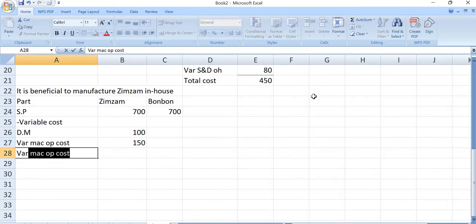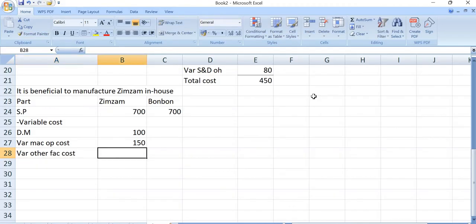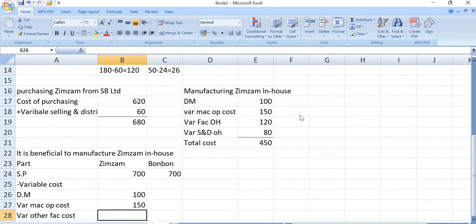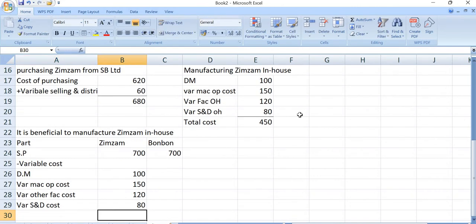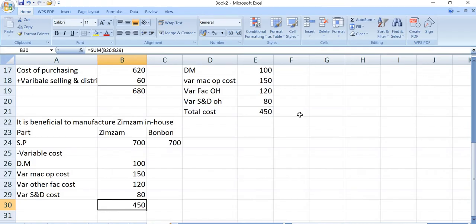Variable other factory cost we already calculated as 120. Variable selling and distribution cost 80 rupees. So my total variable cost will be 450 rupees.